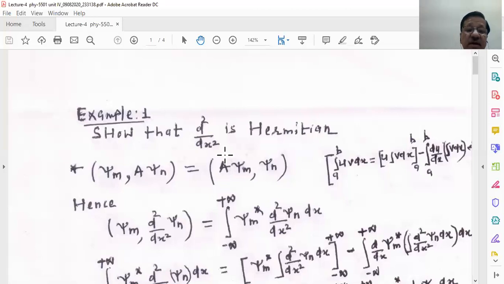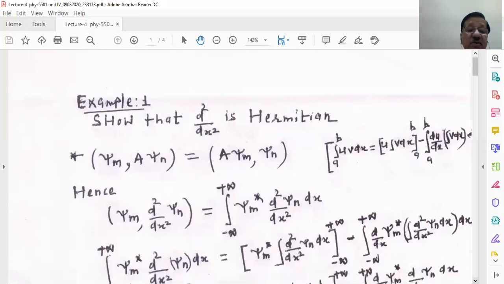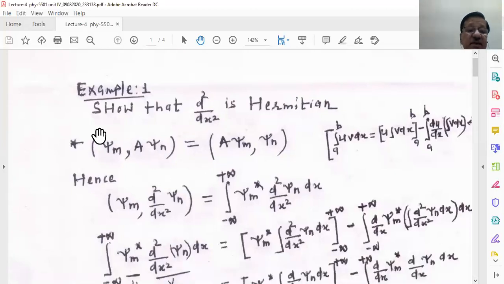So if d square by dx square is a Hermitian operator, then this condition should be justified. That means if you solve the left hand side and the right hand side, they must be equal. So let us work out the problem. I take first the left hand side.